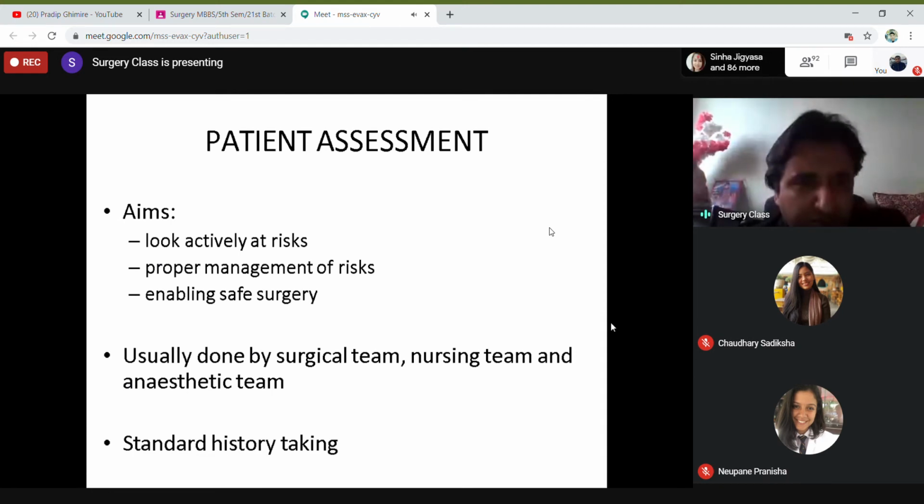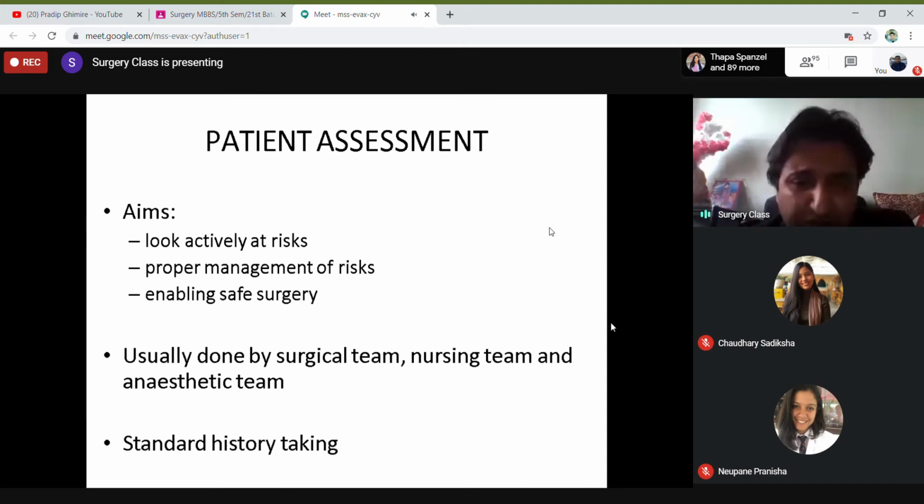Whatever risk the patient is having, maybe comorbidities like diabetes, hypertension, or some treatment he or she is undertaking, you have to manage so that the risk is reduced and the surgery is very safe. Manage those risks wherever possible, and only then put the patient under any surgical treatment.